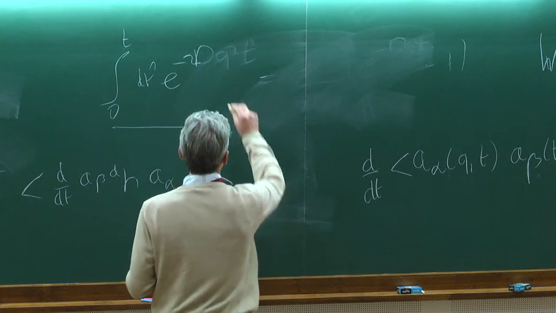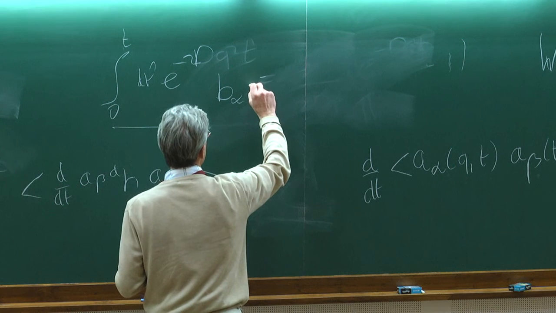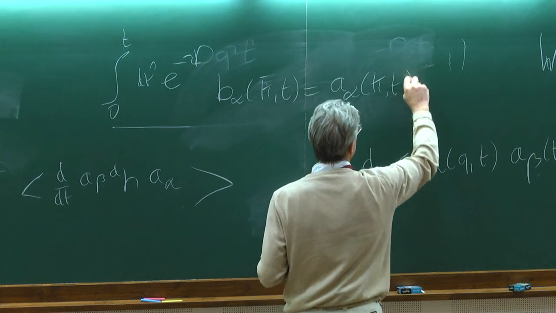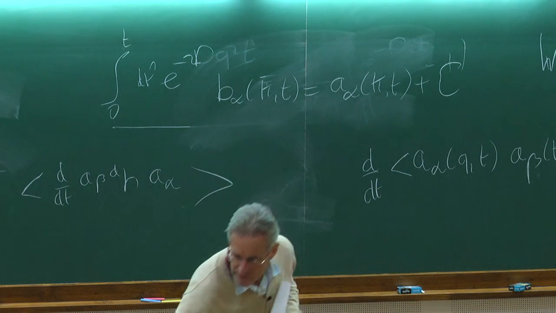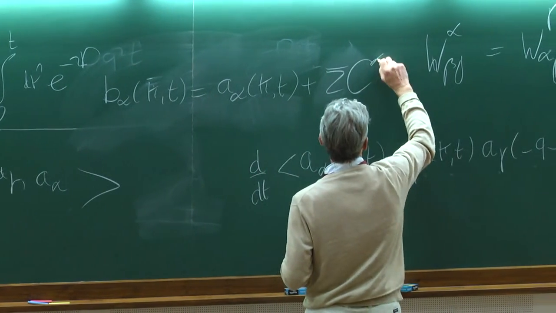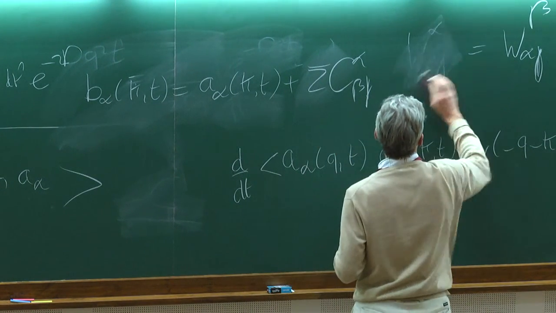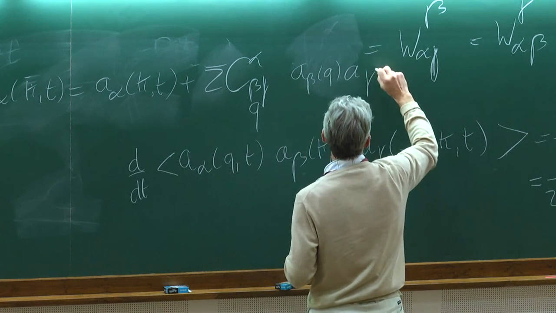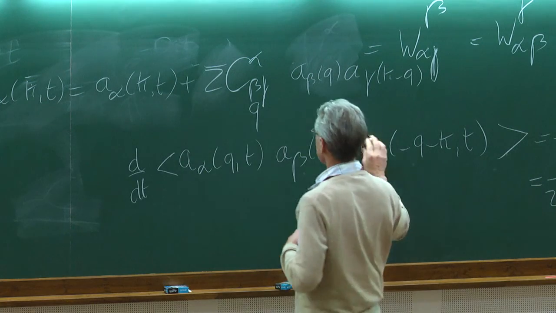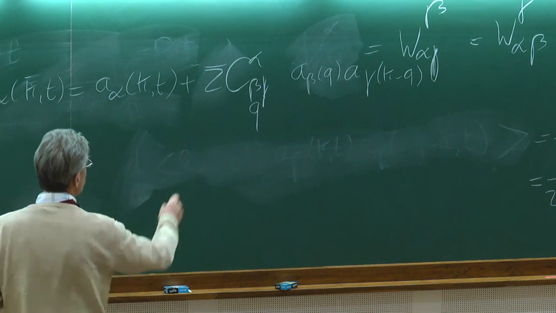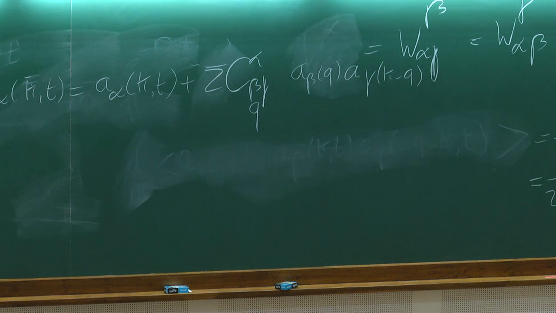And so the idea is that you define B alpha of K and T as A alpha of K and T plus some C, say alpha beta gamma, and Q, A beta of Q, A gamma of K minus Q. And then let's see if we can define these coefficients in such a way that indeed expectation values of products of 3 can be made vanishing.